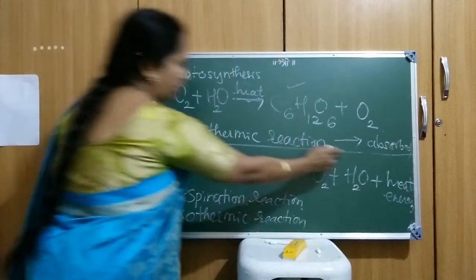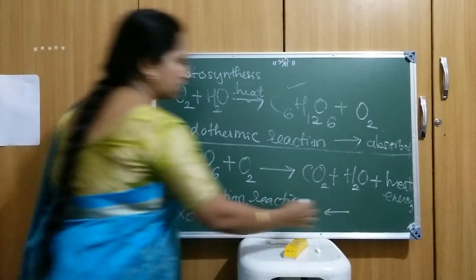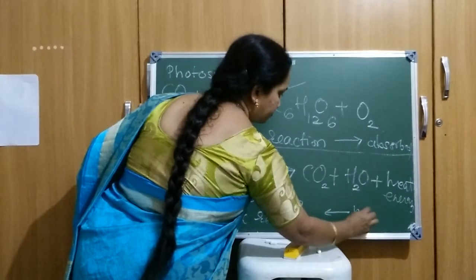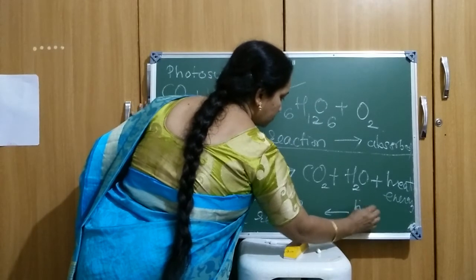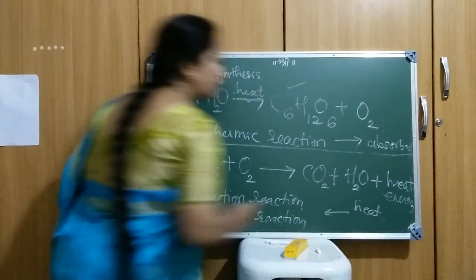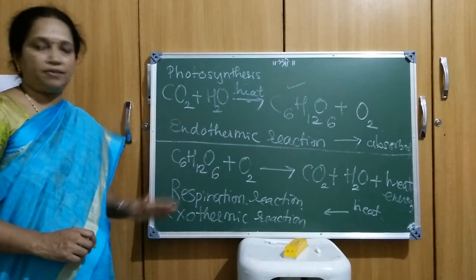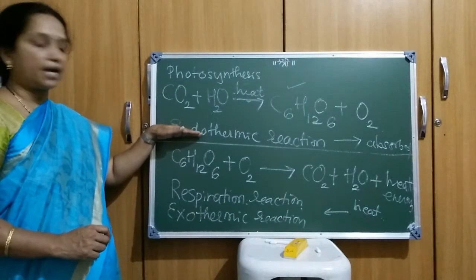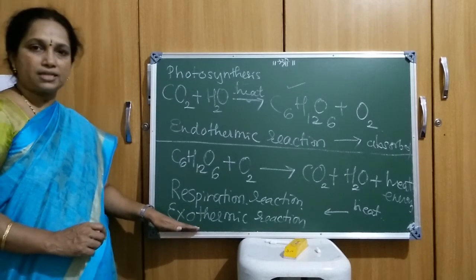And in the exothermic reaction, heat is given out. Right? I hope it is clear. So we have understood the two types of reaction, endothermic and exothermic. I hope it is clear, children.